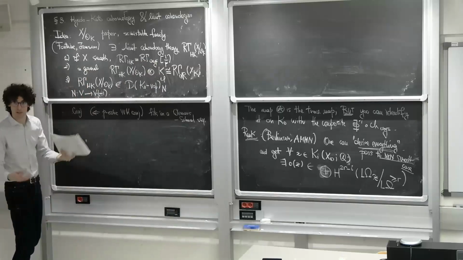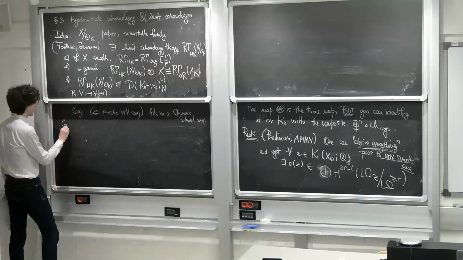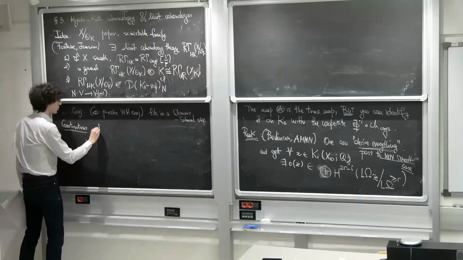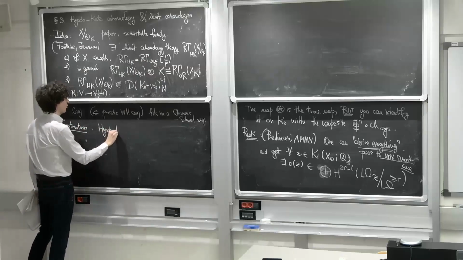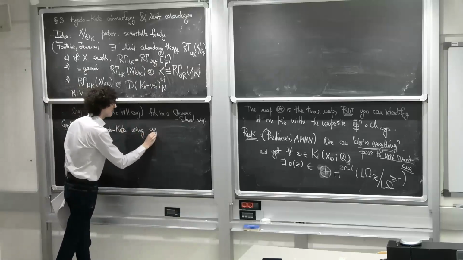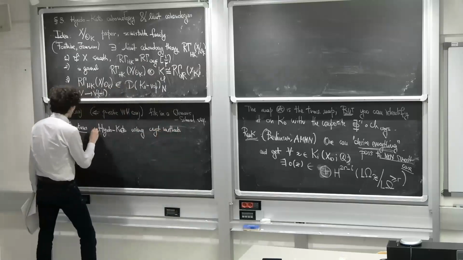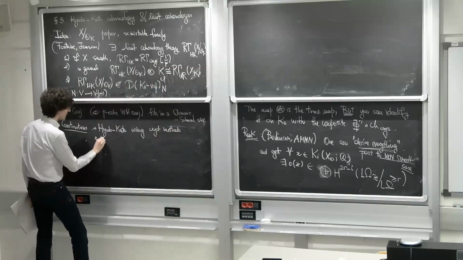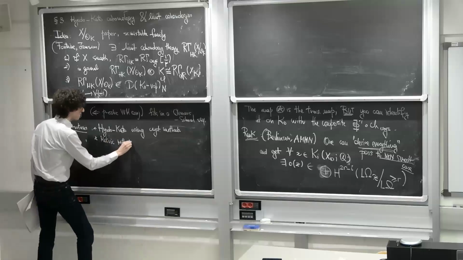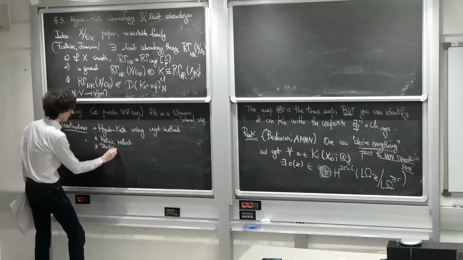So this is a gadget that has a number of formal properties, and there are several constructions. Hyodo and Kato wrote the original one using crystalline methods. Nowadays there are also motivic methods, and there is a stacky approach.